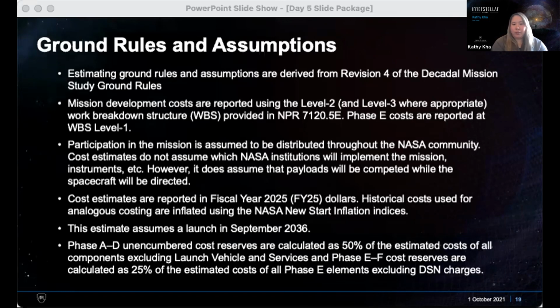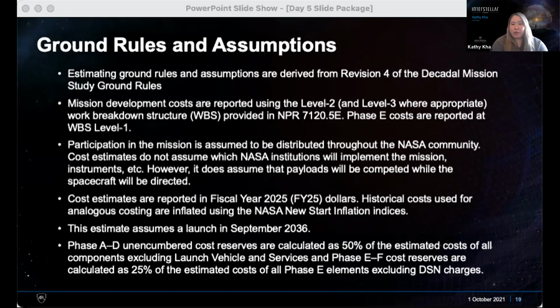So the payload will be competed and dispersed with the spacecraft being directed. And again, we have baselined everything in fiscal year 2025 dollars. So everything's on a level playing field. Any historical analogies we've used have been inflated to fiscal year 2025 dollars using the NASA New Start inflation indices.